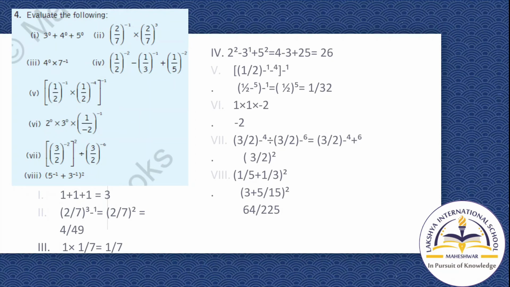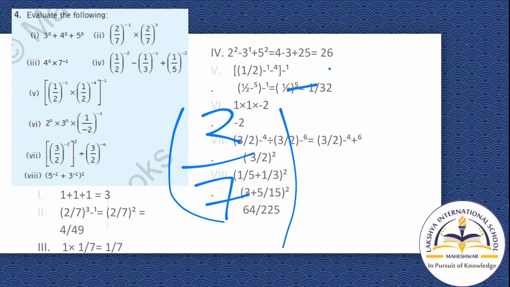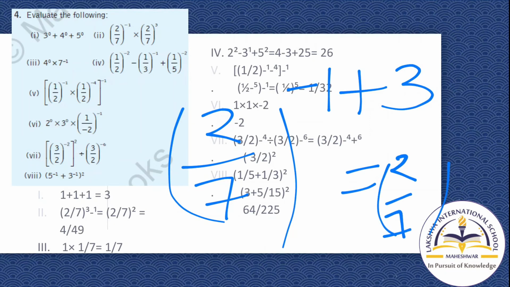Now question number 2, 2 by 7, the base is the same. Now minus 1, the multiplication sign means plus here, 3. Minus 1 plus 3, that is (2/7) raised to the power 2. Now you have to find out 2 twos are 4, by 7 sevens are 49.